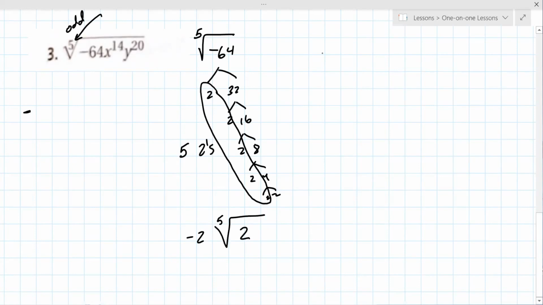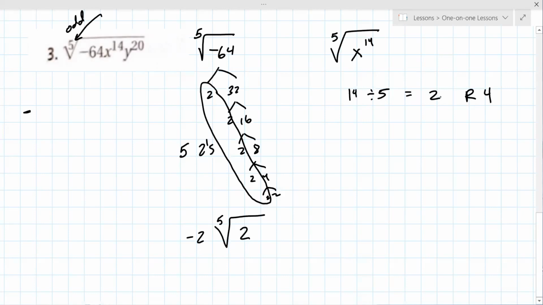Okay. All right, now this is the technique I would have shown you for the other ones. If I were in your classroom or doing a bunch of these, I'll try to explain it now. You take this 14 and you divide it by 5. And if you go back to, I'll say 4th grade, I have no idea when you learned this, your answer was it's 2 with a remainder of 4. 5 goes in 2 times.